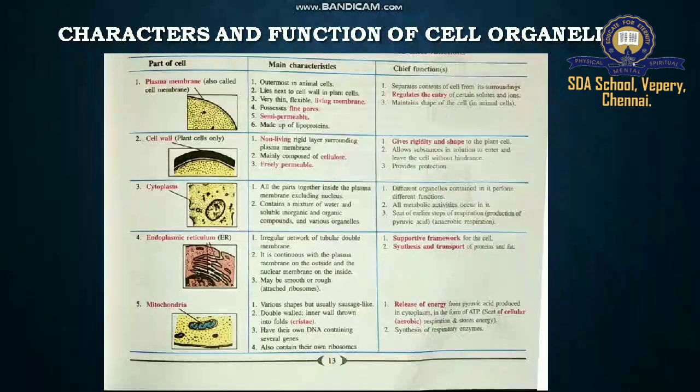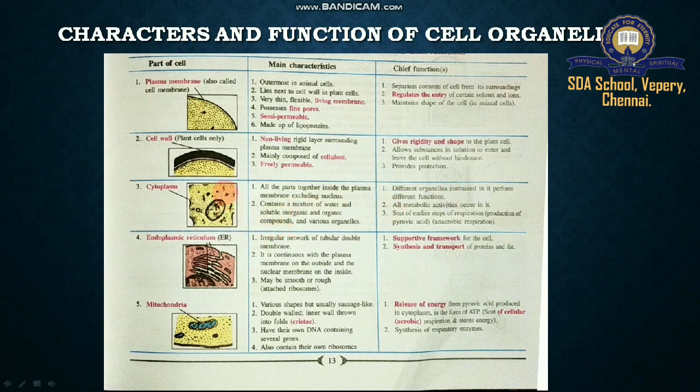Then the cytoplasm. We know it is the cell inclusion, because inside the plant cell there is cytoplasm. All the parts together inside the plasma membrane excluding the nucleus are called cytoplasm, as I already explained to you, protoplasm and cytoplasm. Protoplasm means cytoplasm including the nucleus.